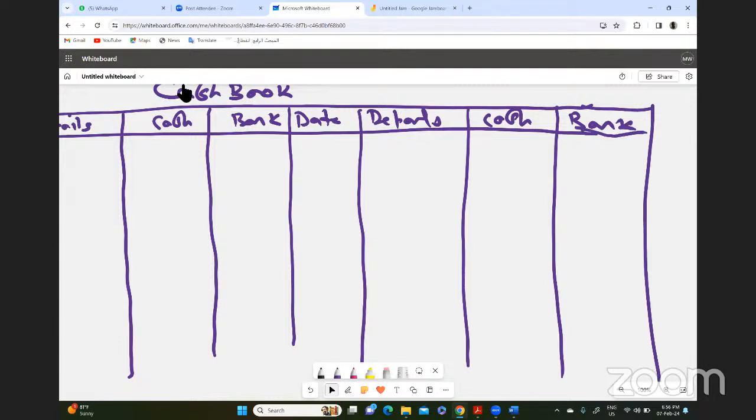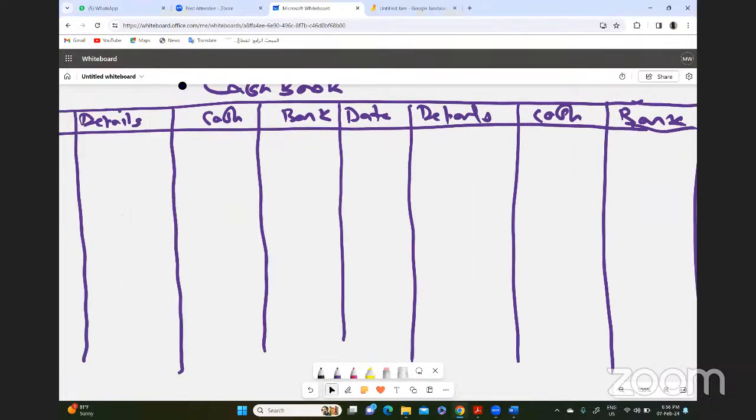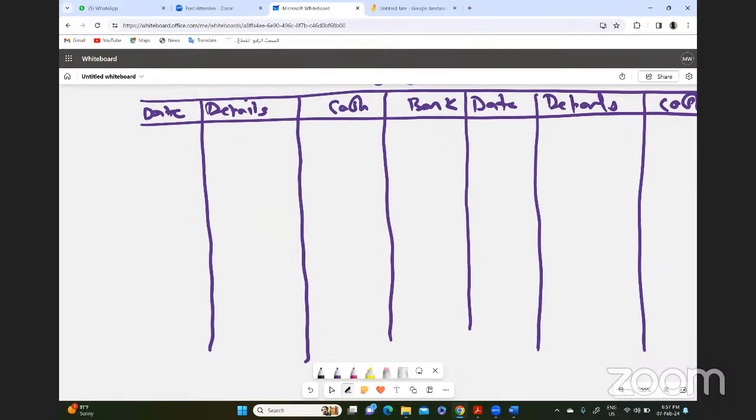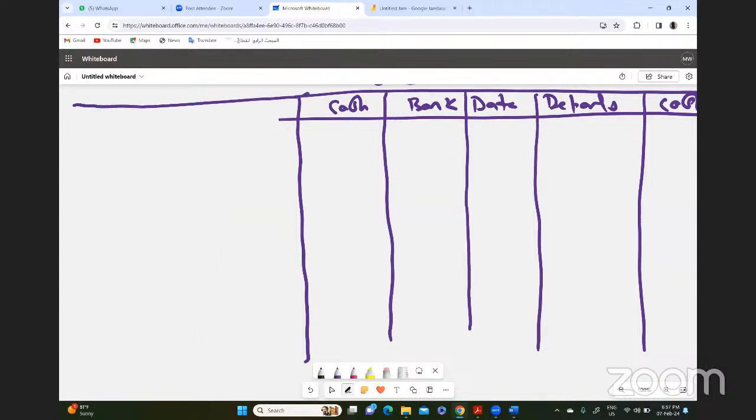Excuse me. Yes, please. I think we are supposed to draw a three column because I'm seeing a discount somewhere. Discount allowed on date 8th. Okay, it is okay. We can put. Okay, let's include it. No problem. Since we are going to do ledgers of discounts, even if you don't put it, it is okay. Discount allowed.